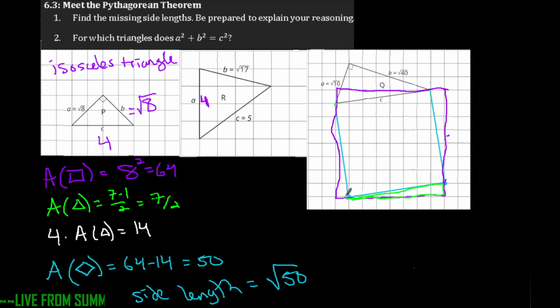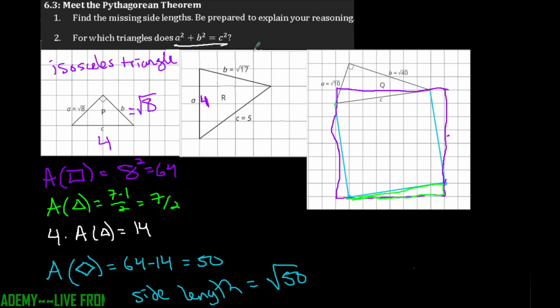And that makes sense too, because if we think about this formula that we have, a squared plus b squared equals c squared. Let me try fixing this real quick. There we go. Okay. So we're saying which triangles work for it? Well, they only work for those right triangles.